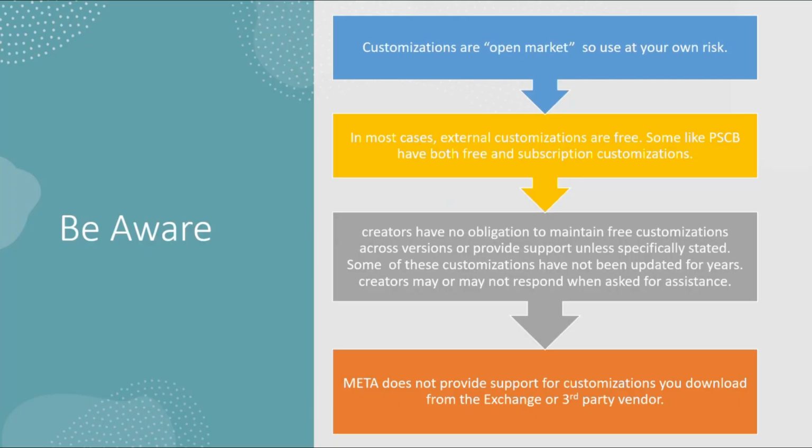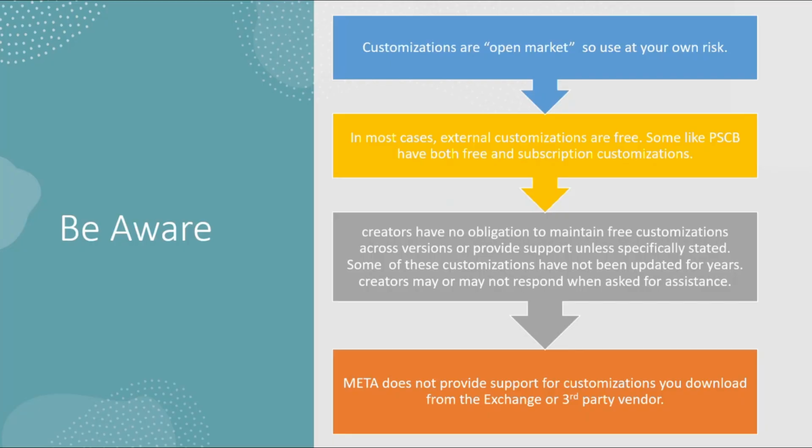PSCB now has a paid subscription, but they also have some free customizations. You can find a lot of those on the PowerSchool Exchange. That's where I go to look for things that I think might be out there. Maybe we don't have it. Is it already out there on PSCB?